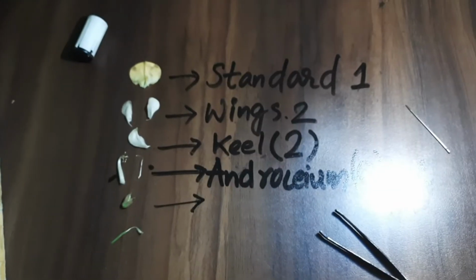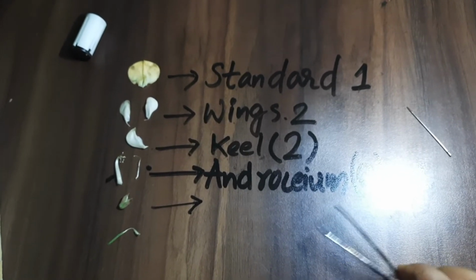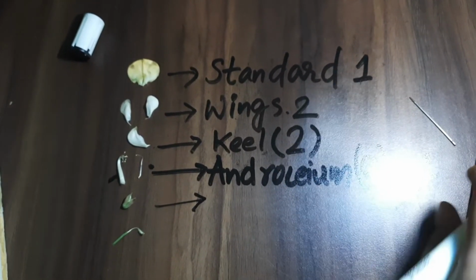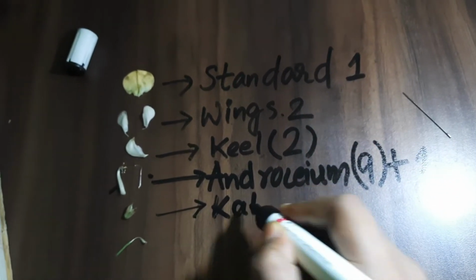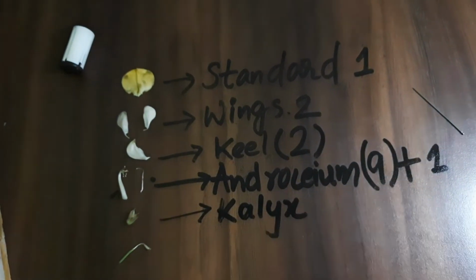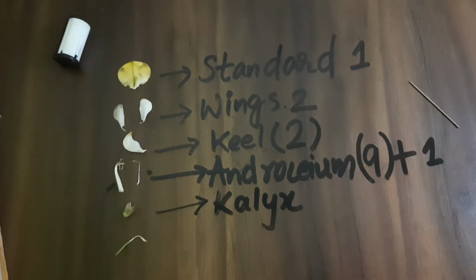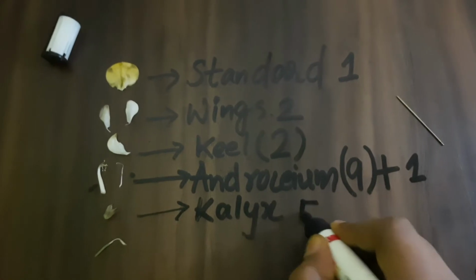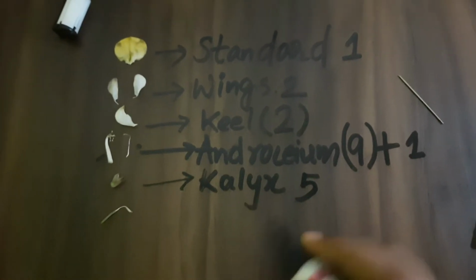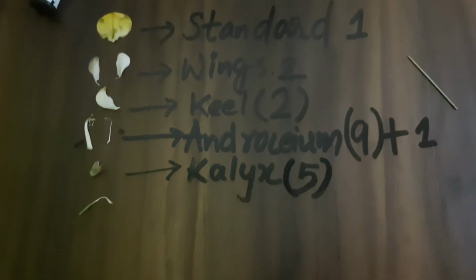So let's mark. This is the calyx, and they are 5 but united.